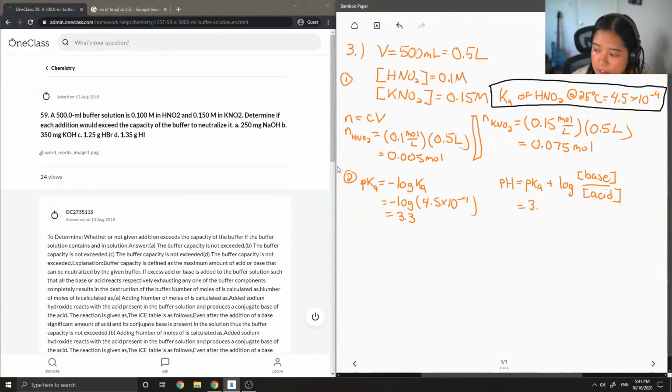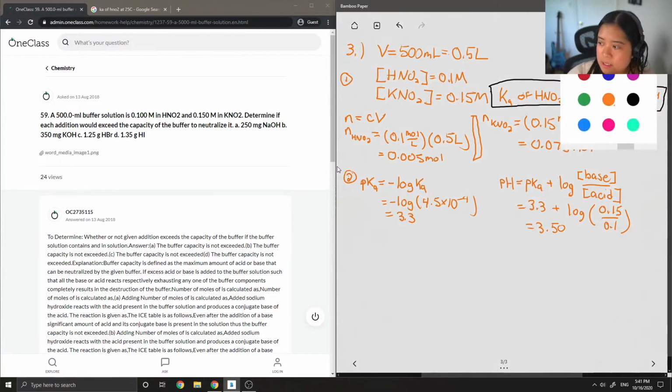Our pKa is 3.3. The concentration of the base is the 0.15, and the concentration of the acid is the 0.1. And then we end up with an initial pH of around 3.50.